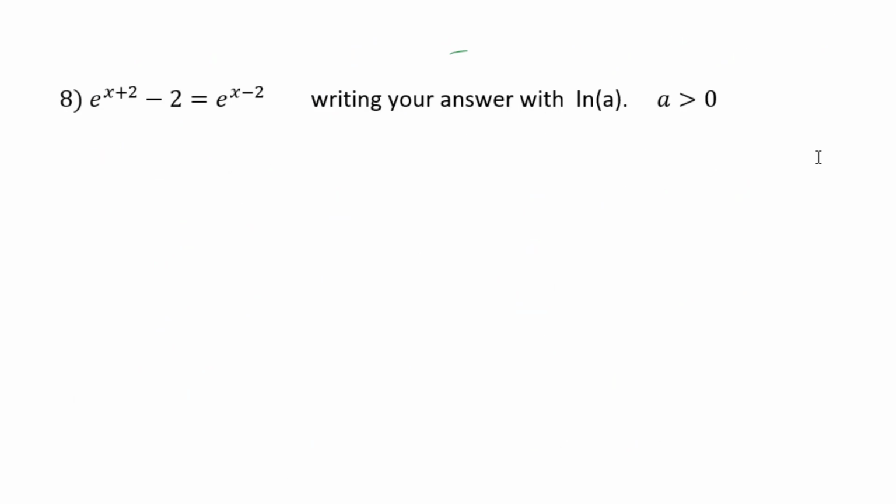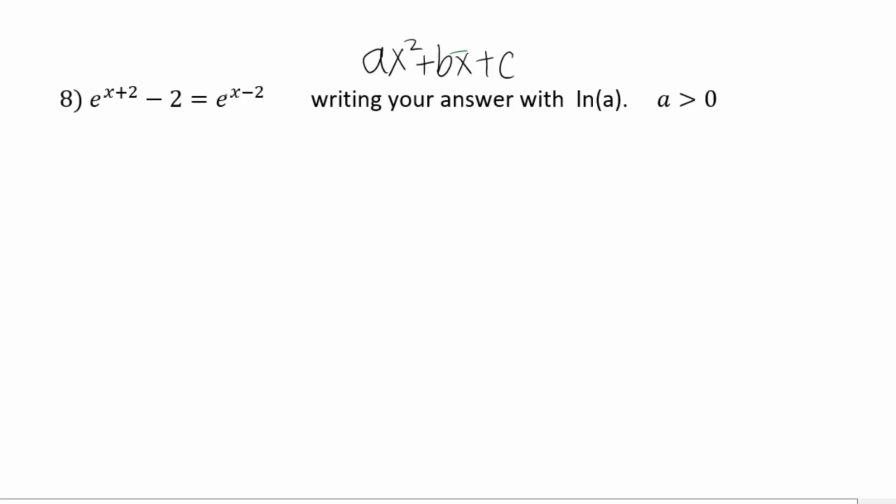Look at number 8. e to the x plus 2 power minus 2 equals e to the x minus 2 power. For this exponential equation, there are 3 terms. Normally, for 3 terms, we will check whether it is a quadratic pattern. Can we change it into ax squared plus bx plus c form?